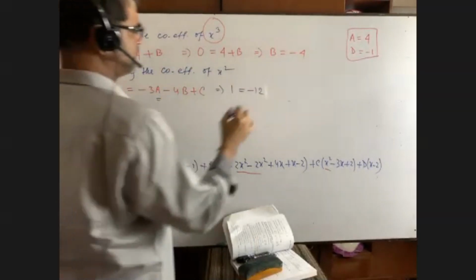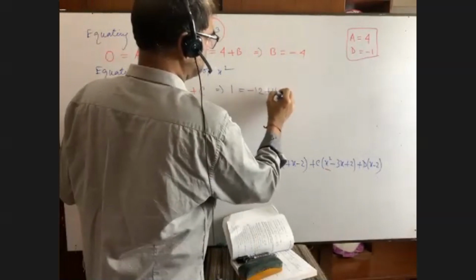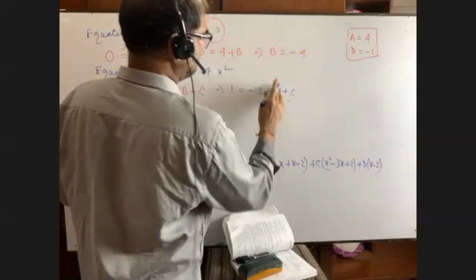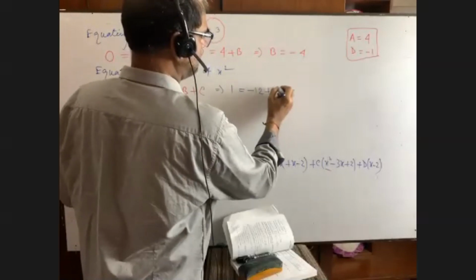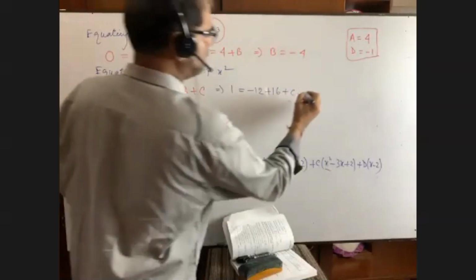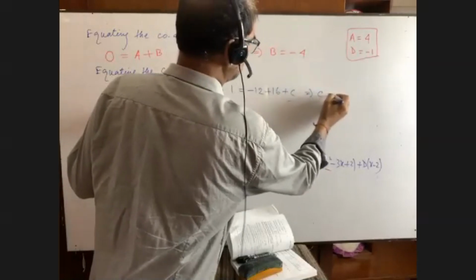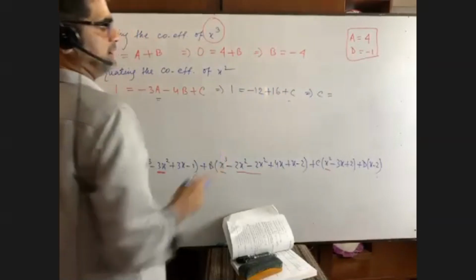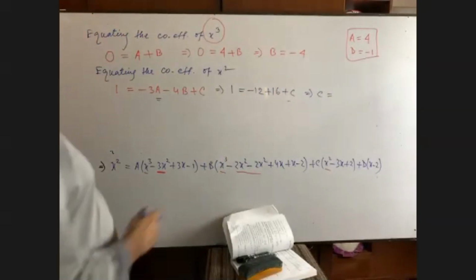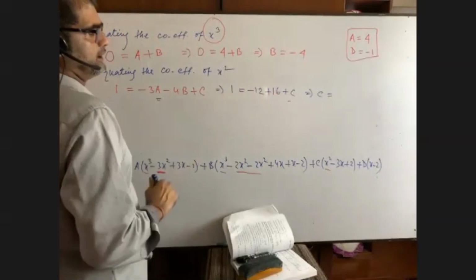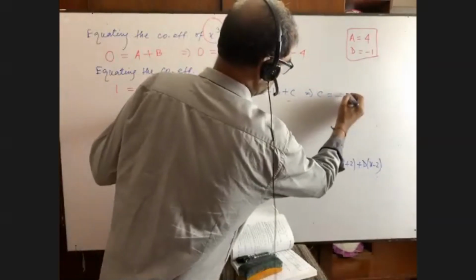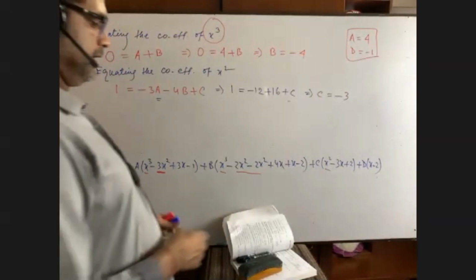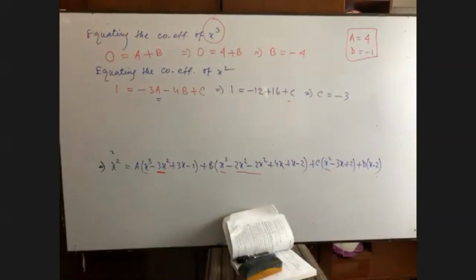Minus minus plus 16. And we don't know the value of C. It is plus C. It is 16, right? Now can you calculate C equals what? Here it is 16 minus 12, that is 4. And then if it is taken to the left hand side, 1 minus 4, that is minus 3. Okay, so we have got all the values.